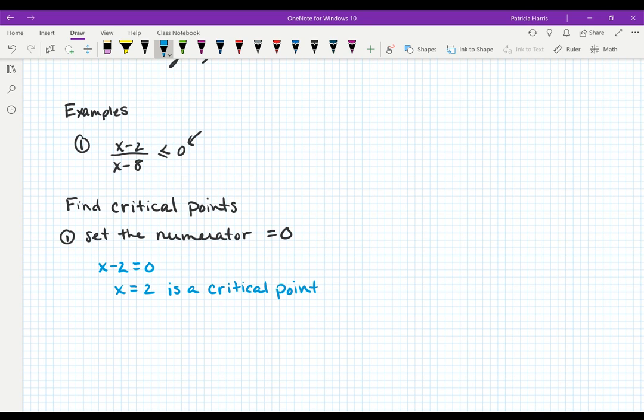Okay. Second, we're going to figure out where the denominator equals 0. So x equals 8 is a critical point.